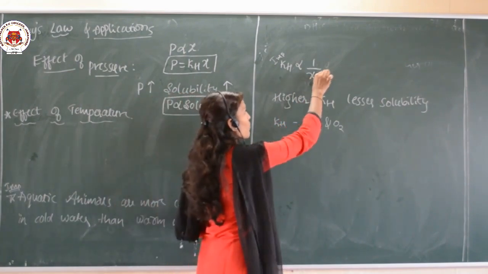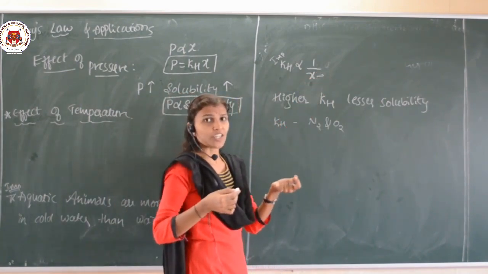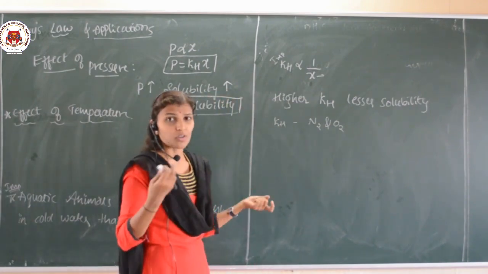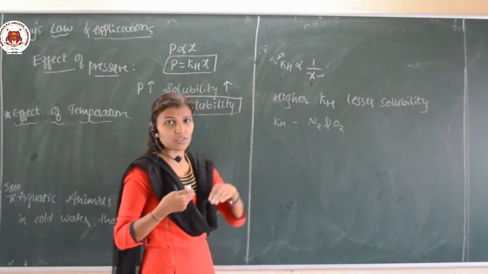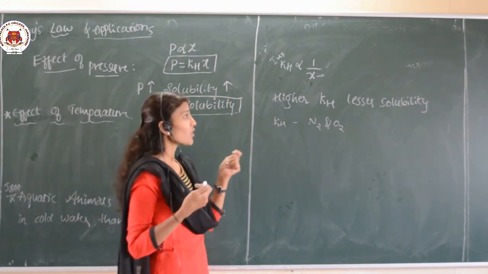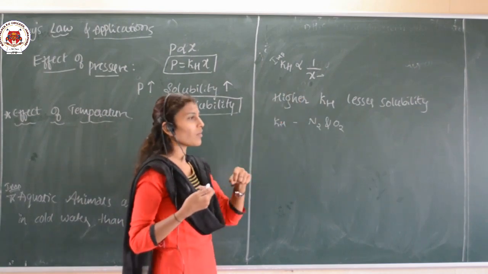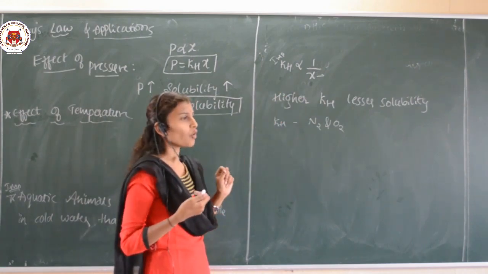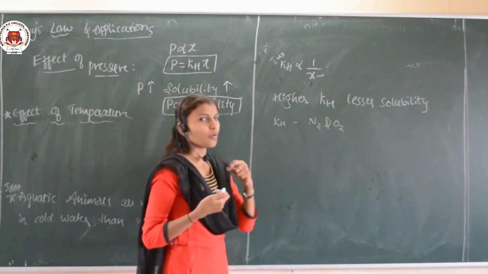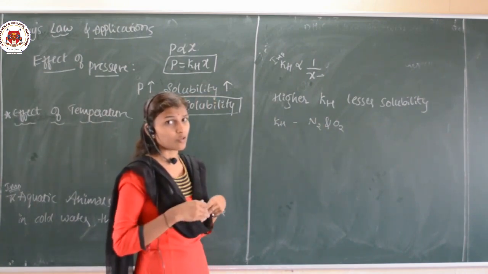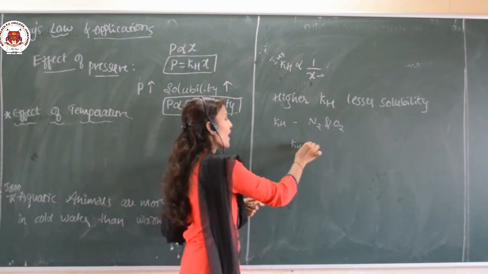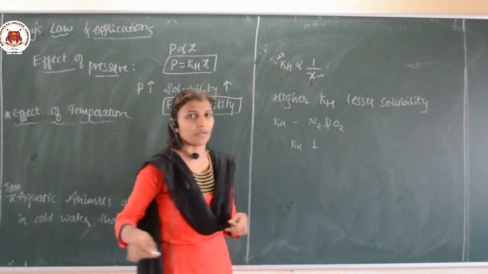Keep in mind that KH is inversely proportional to solubility. Here I wrote the term mole fraction X. Mole fraction is the term we use for concentration. Concentration is whatever solute we are adding, so it indicates the solubility itself. That is why the solubility is expressed in terms of the mole fraction. So for N2 and O2 with two different KH values, the gas with the higher KH becomes less soluble.